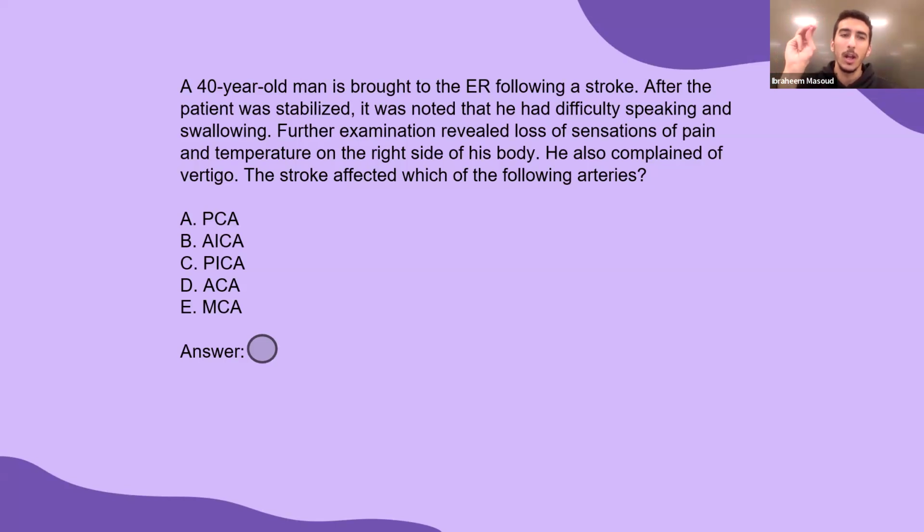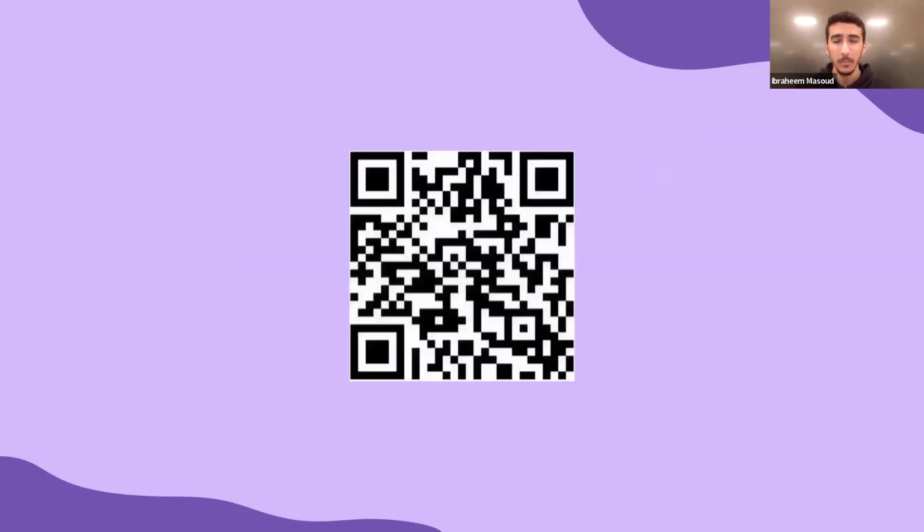Where do these fall? Remember the map. 8, right here. Spinothalamic, right here. 9 and 10, right here. So this is a PICA syndrome, lateral medullary syndrome, right? Correct, my friend.